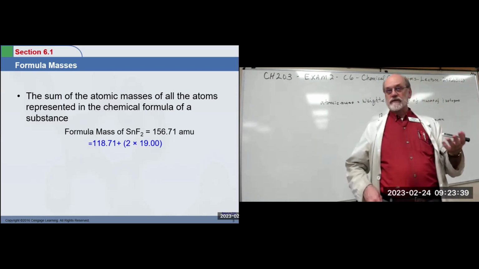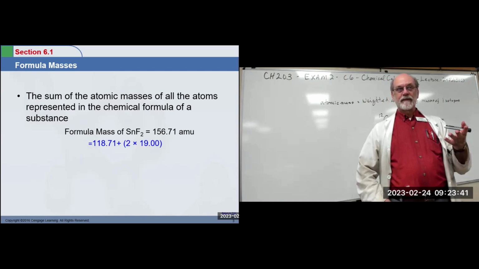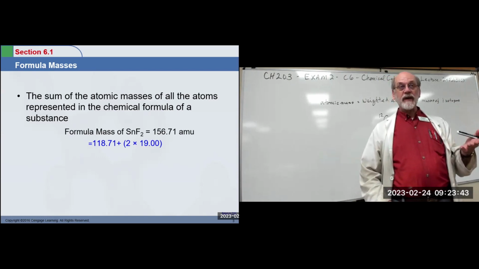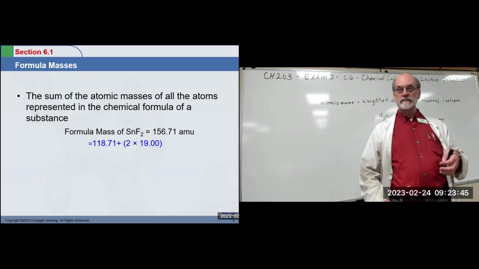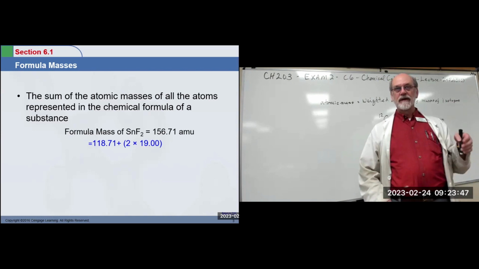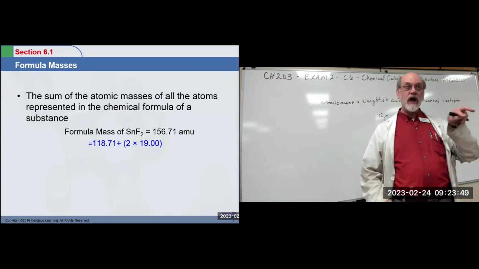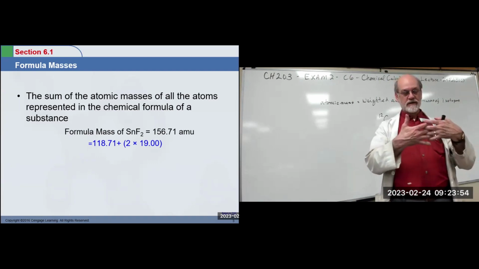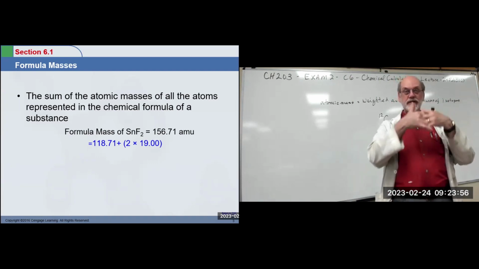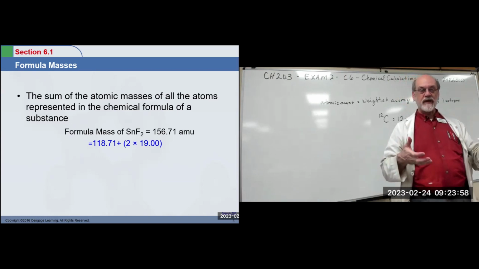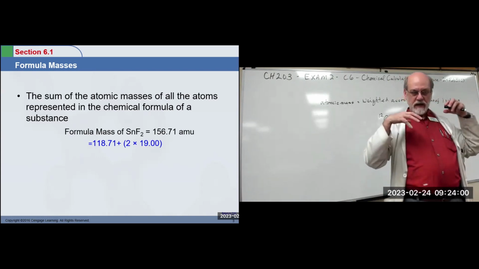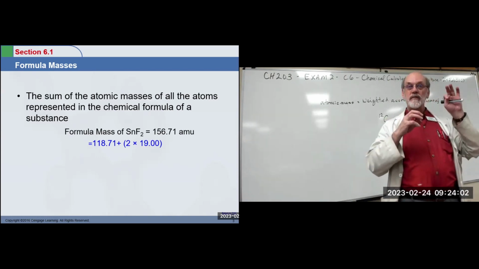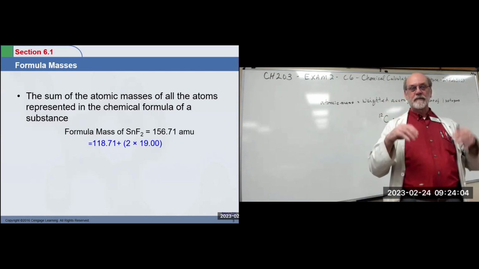Now, how do you know the difference? Well, the ionic compounds are going to be a metal and a nonmetal, always. And the molecular compounds are going to be two nonmetals, right? Because they share electrons. So they form those independent units, whereas ionic compounds are just an accumulation of positive and negative charges.